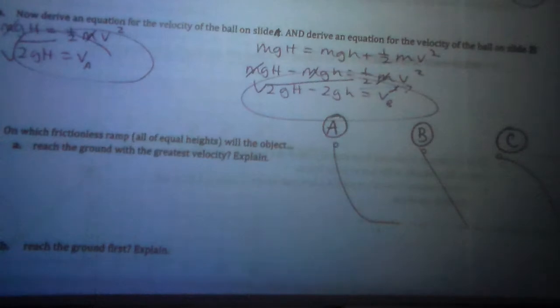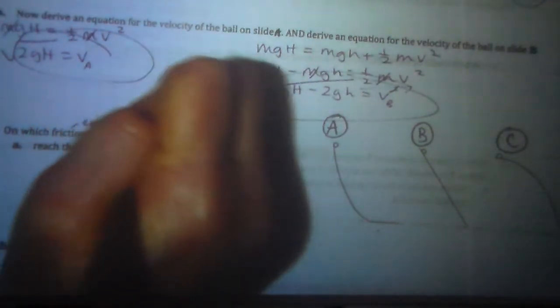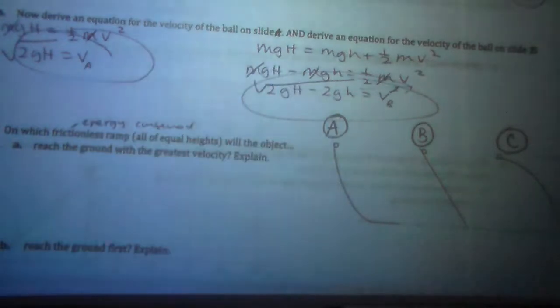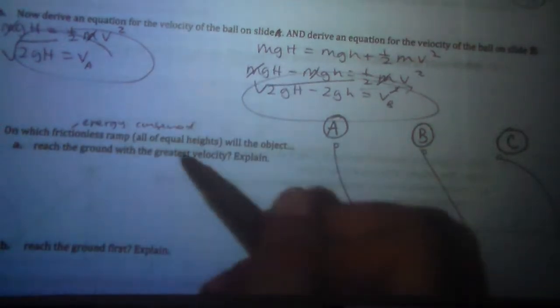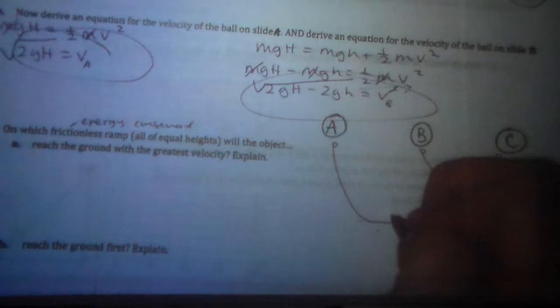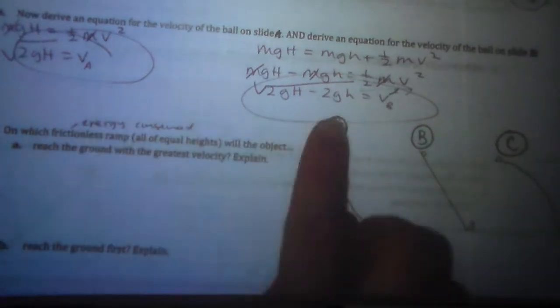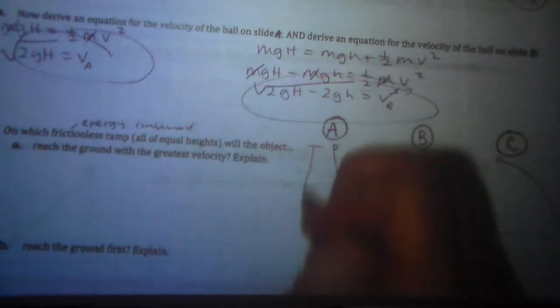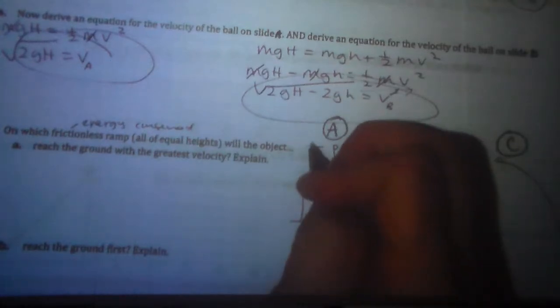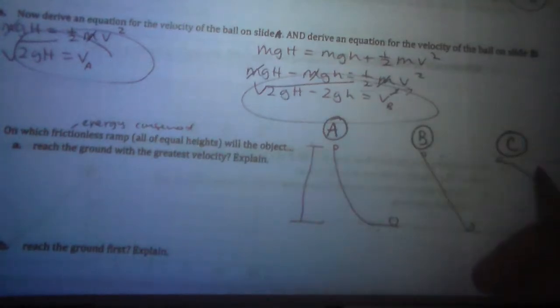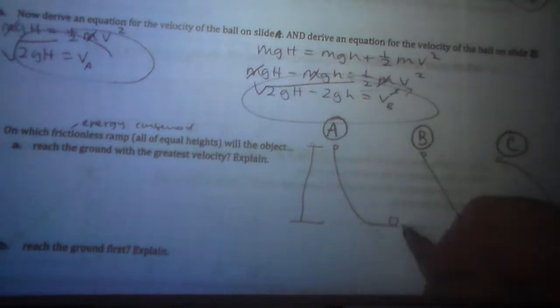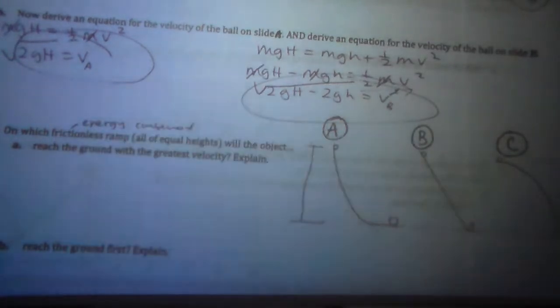Here, all frictionless, so energy conserved, all equal heights. Which one reaches the ground with the fastest velocity, meaning at the very end? Energy is going to be conserved, which means that I'm starting with all potential energy. They start with the exact same potential energy, so then I must end with the same kinetic since it's frictionless.